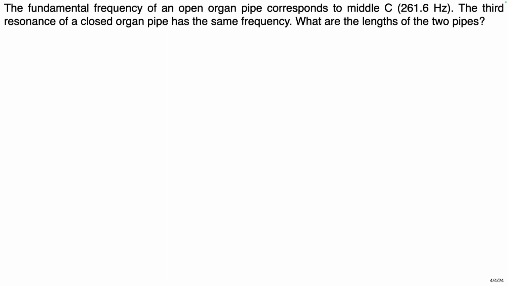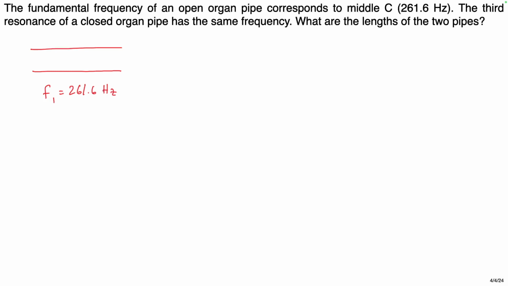And they've also told us that this open pipe has a fundamental frequency. So what I like to do is draw my pipe. It's an open pipe, okay? And we know that it's fundamental. So fundamental is an N value of what? 1. Fundamental is middle C, 261.6 hertz. Okay, so that's what I'm given, right?